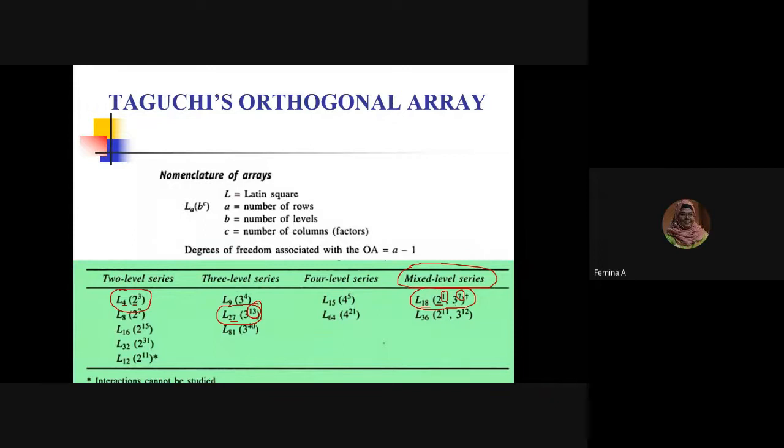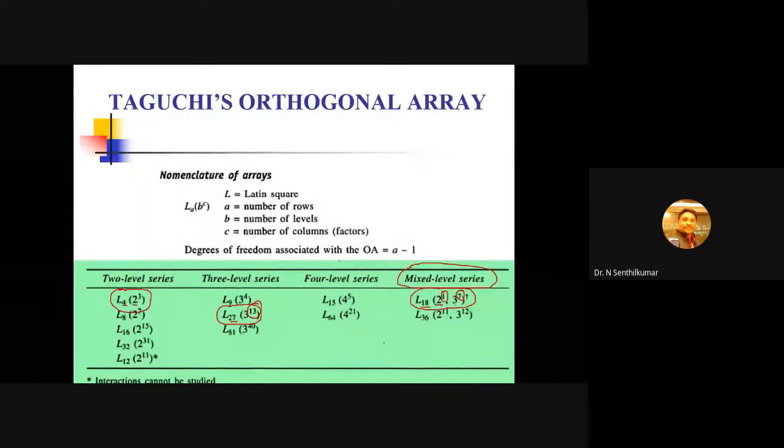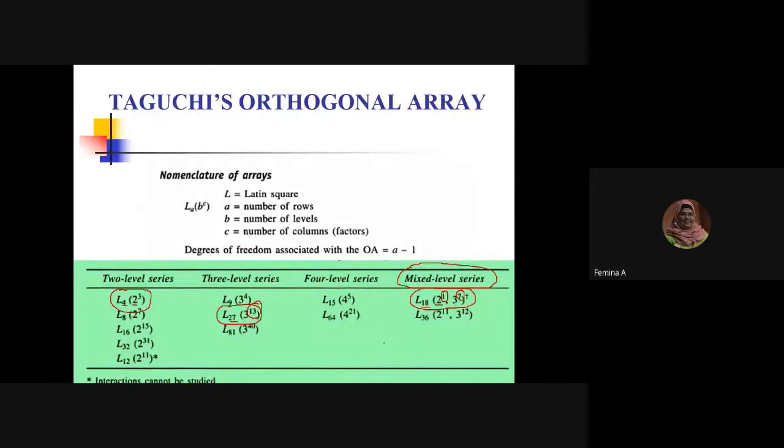So 2 power 3 is equal to 8. But in this, it is just half of the experiments that we can do. In full factorial, we have to conduct 8 experiments, but in this case, we have to conduct 4 sets of experiments. Right, sir? Yes, ma'am.